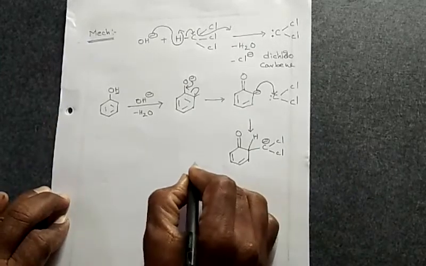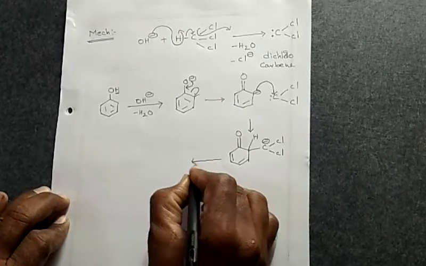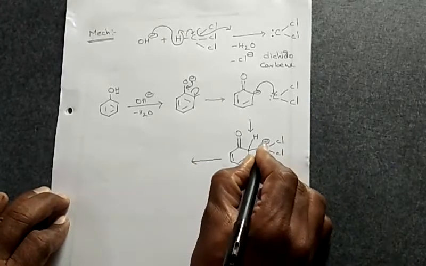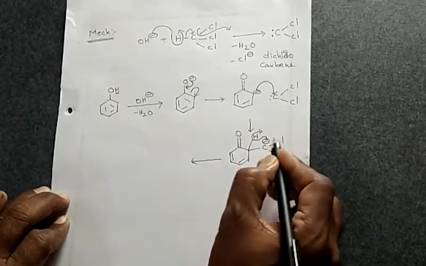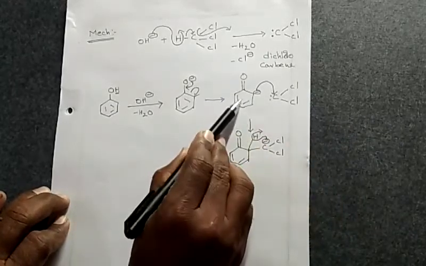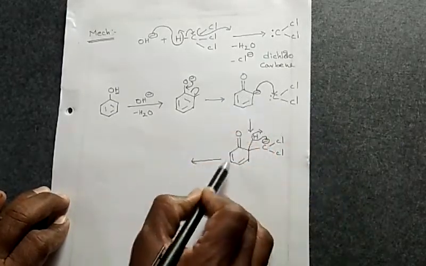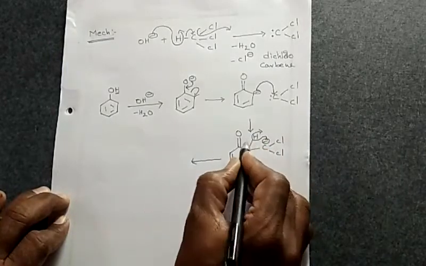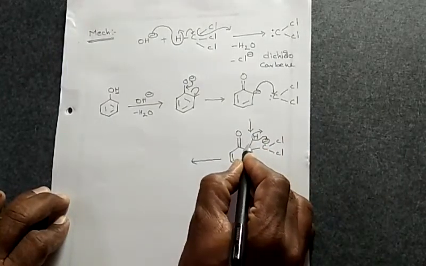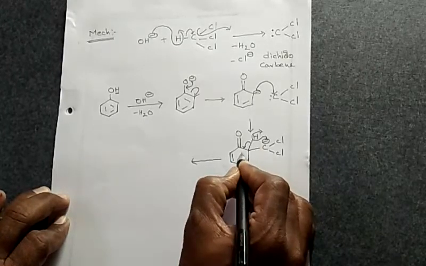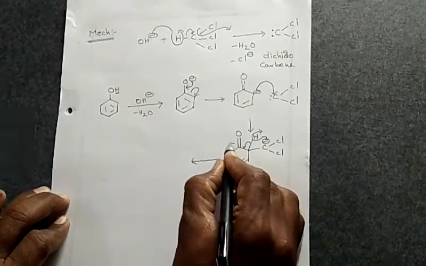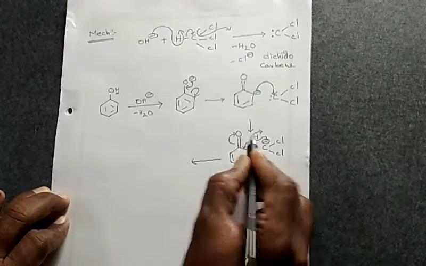Now this C minus acts as a base and takes up this H plus ion. Then because this molecule is not having the aromatic character, it tries to convert back into its aromatic form, so that this bond entirely shifts into the benzene ring system, and this pi bond transfers onto the oxygen.